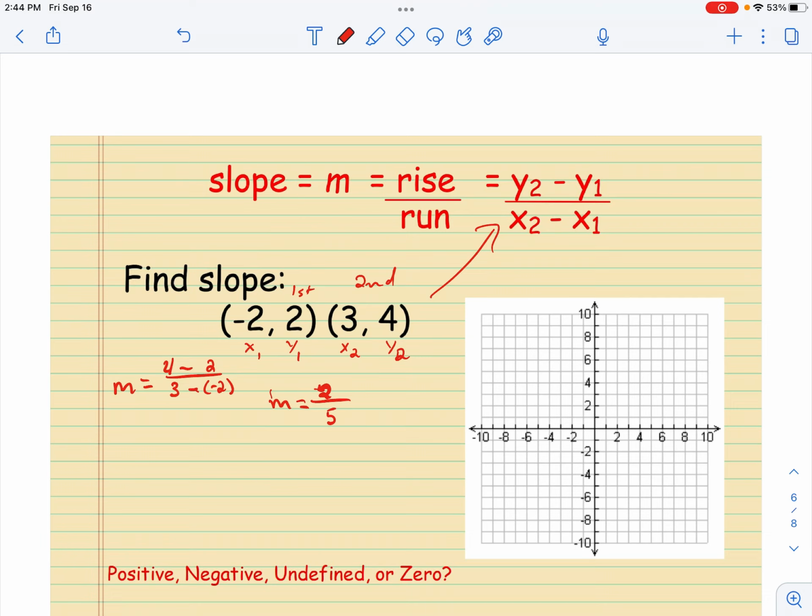And if we plot our points here, you would also see that if you set up and did the rise over run, we go up 1, 2, 3. And then we go over 1, 2, 3, 4, 5.